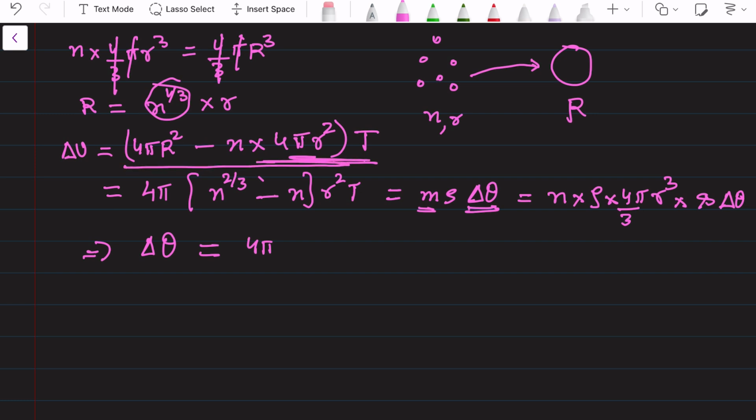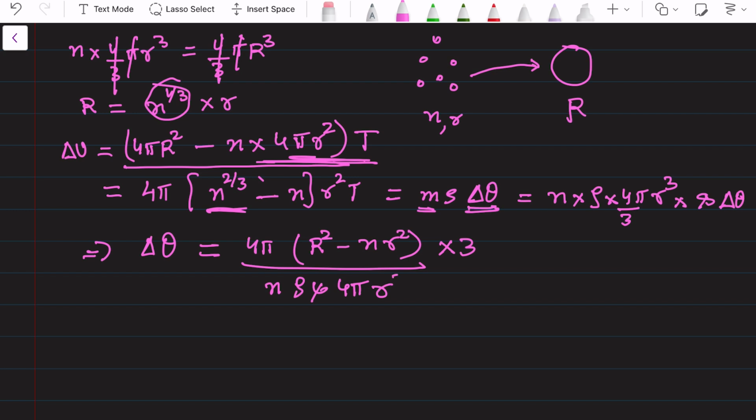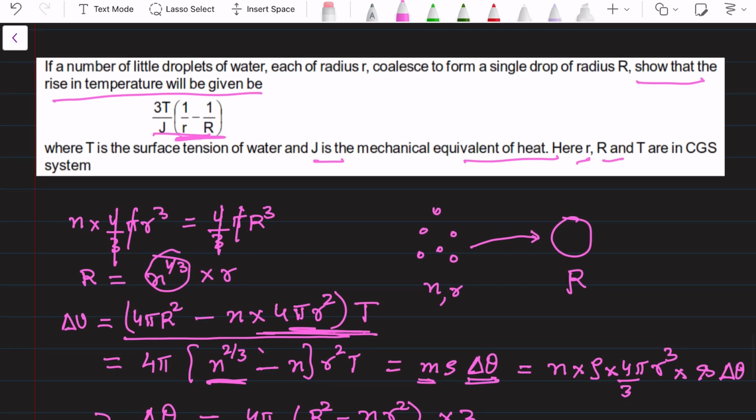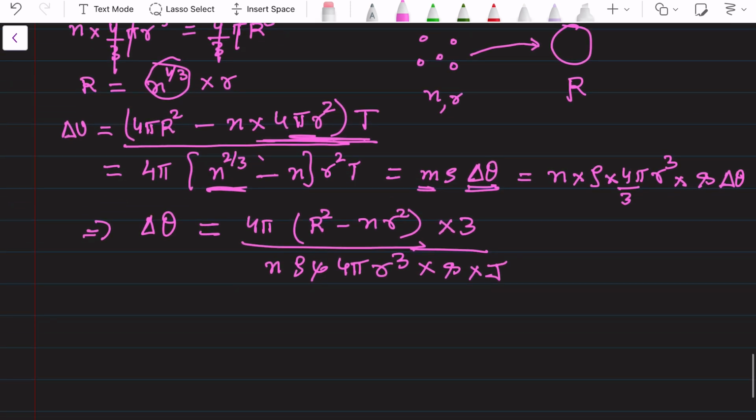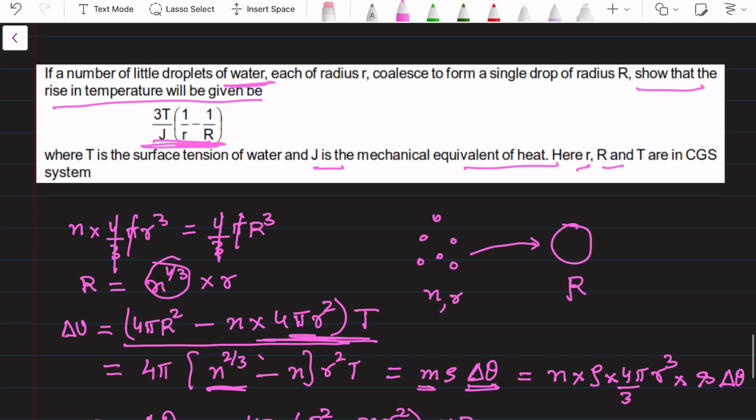Now S, if given in calorie, then we have to multiply it by J also, and for the droplets of water the value of S is 1 calorie per gram, so we can replace it by 1. That's why it is not there in the expression we have to prove.